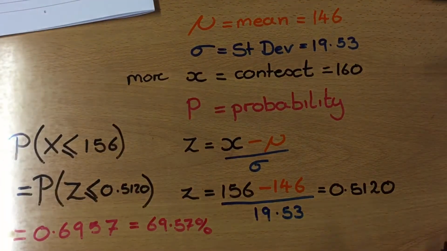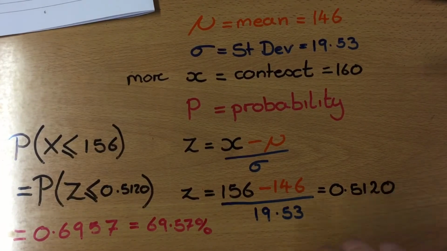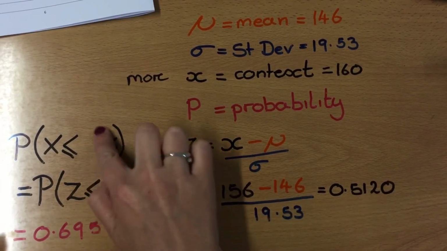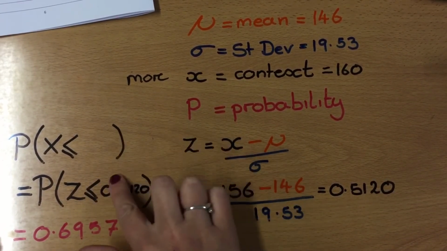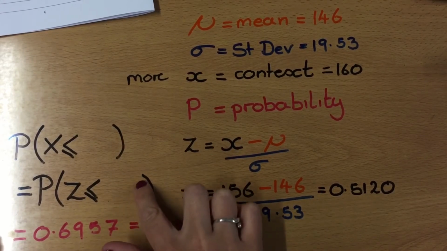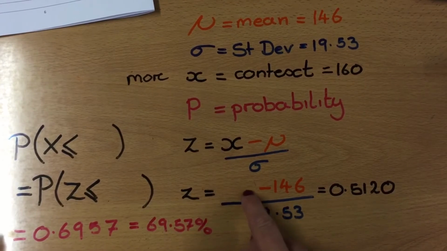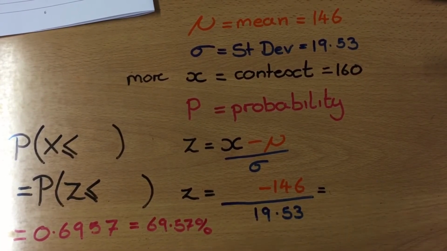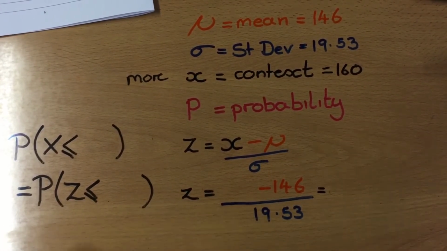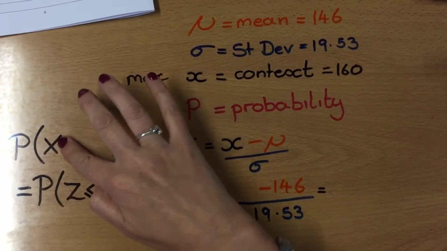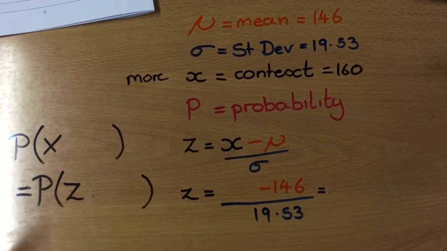So, this means that obviously our z value is going to change because our x value is going to change. And our probability at the end is going to change. But actually, all the rest of the information is going to stay the same.